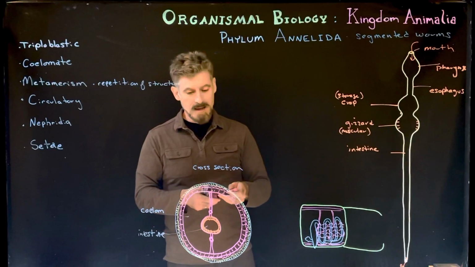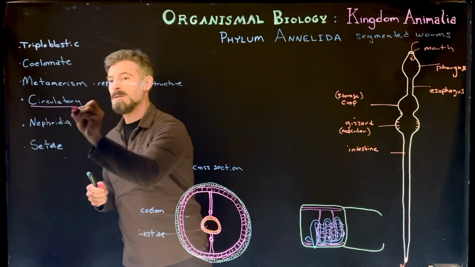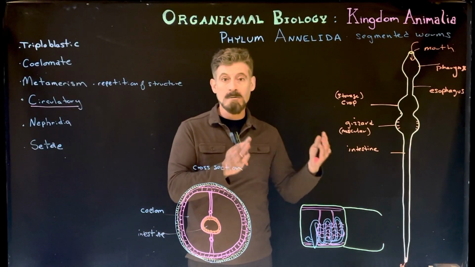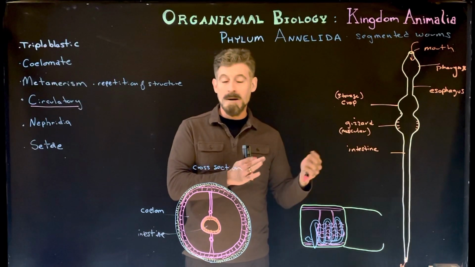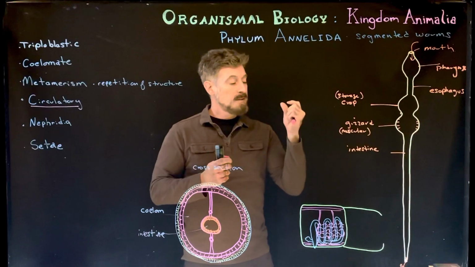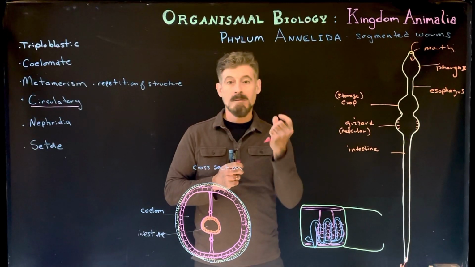One of the next things they have that's totally unique is a circulatory system, not unique among animals, but unique in what we've talked about so far. No animal group so far has had a circulatory system. Here we have a series of tubes running through the animal's body, and in addition to that, we have blood, right?